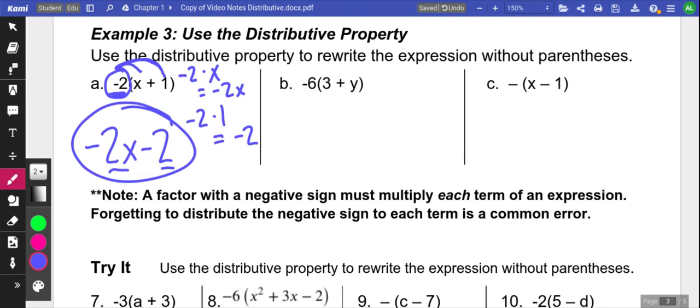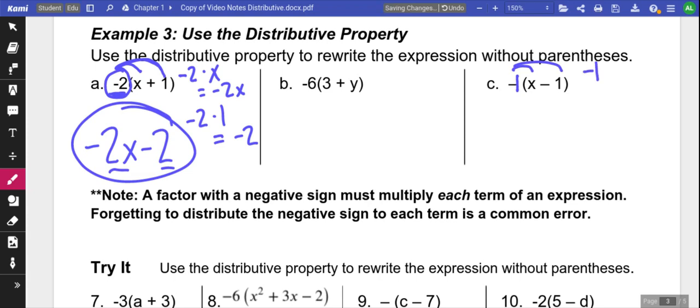And then here on C, I just want to show you this negative on the outside. If you want to think of this as negative 1, we don't have to write the 1 there. It can just say negative. A lot of times that's going to just be written as that negative sign. So you want to think of it, if you can, as negative 1 that you're going to distribute to both of these terms.